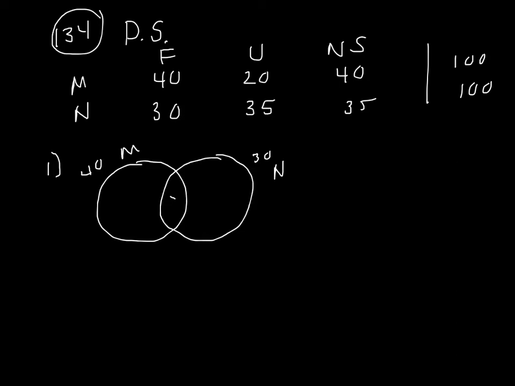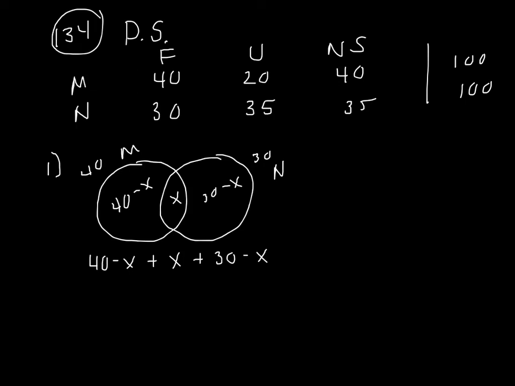So if I let this intersection be X, which would be the number that were favorable for both of them, this would be 40 minus X, and this would be 30 minus X. If I sum up each of the three pieces: 40 minus X is the ones just favorable for M, favorable for both is X, and just favorable for N would be 30 minus X. And using clue 1, the number of voters who did not respond favorable, so that's everybody else, was 40.